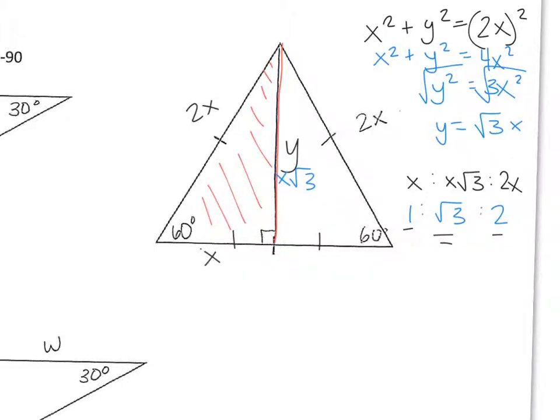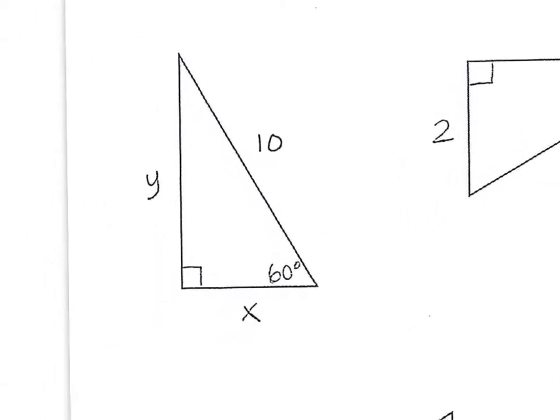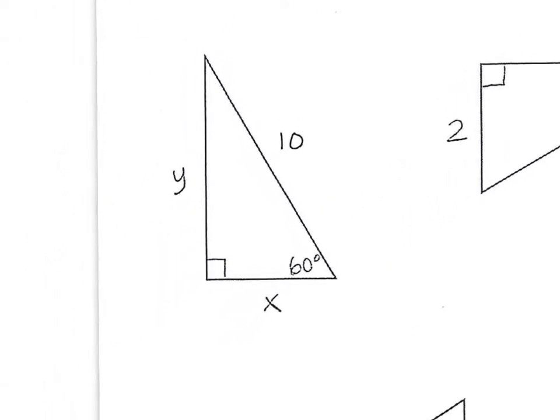So in order to find missing side lengths, you're going to use similar triangles. So here's the first example. I'm going to draw in a 30, 60, 90 that's similar and label the side lengths. So this would be the 60 right here. So the short side is 1, the long side is root 3, and the hypotenuse is 2.